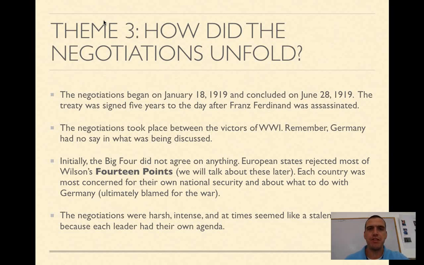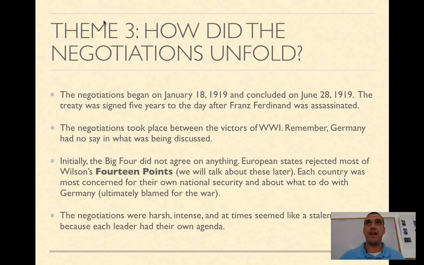However, what came to the surface in these negotiations, and why the Allies, the Big Three, couldn't agree on anything, is because they wanted the treaty prescriptions to be in their own national security interests, and about the Germany question. So we want this treaty to be in favor of our own international interests and what to do with Germany.